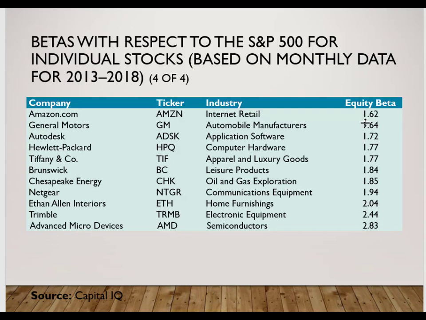What that's telling us is the beta of the market is 1. So Amazon is 62% more sensitive than the stock market is. So if the stock market moves, we would expect Amazon to move much more, 62% more.